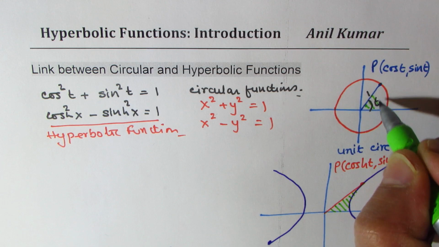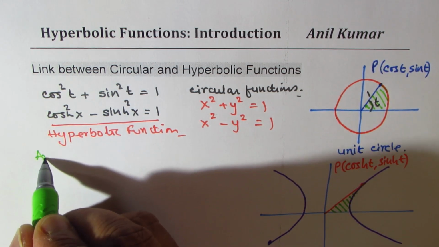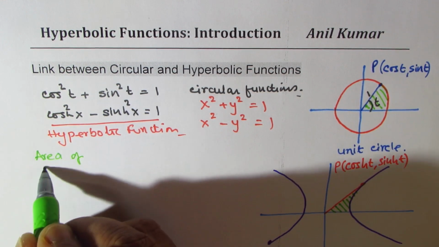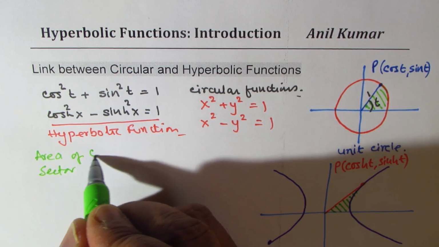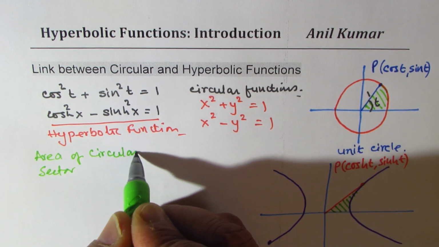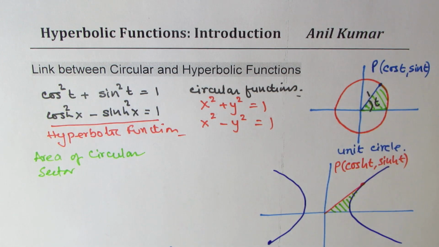And the relation between the trigonometric functions and hyperbolic function, one more relation is this. We'll talk about the area of a sector. So let me say the area of a circular sector first, which is this particular portion here.